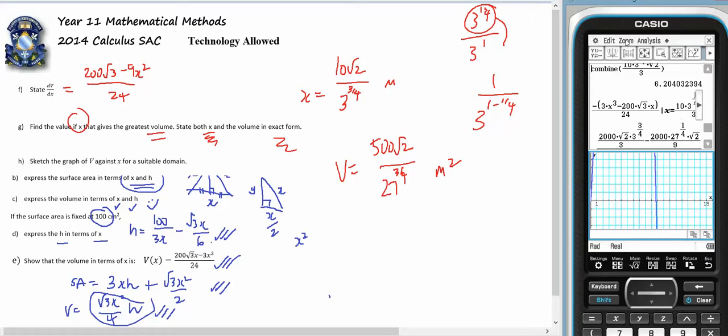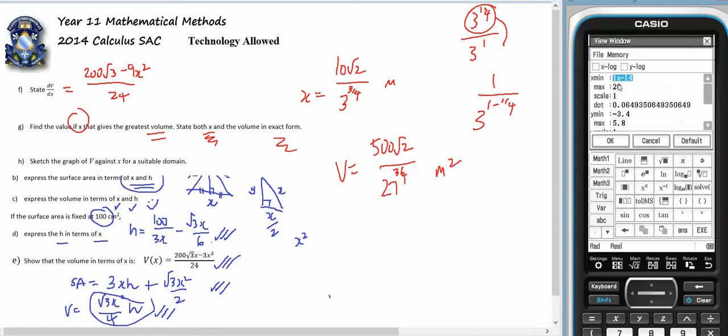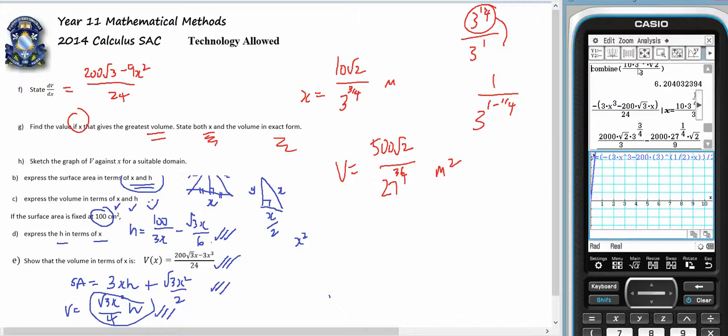Oh, that was good. So if I go analysis, gsol root, and I come across to the second one, that's 10.746. So go from 0 to 10.7. Okay, zoom auto. There's my graph.